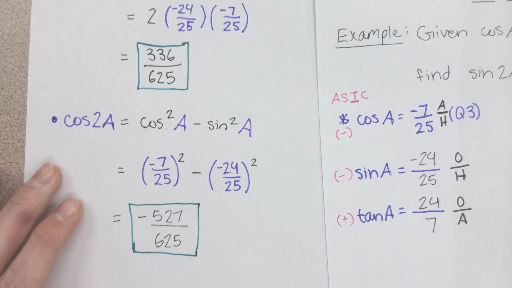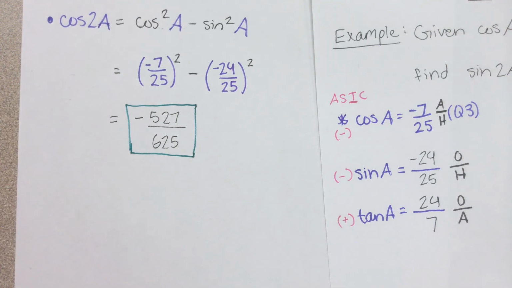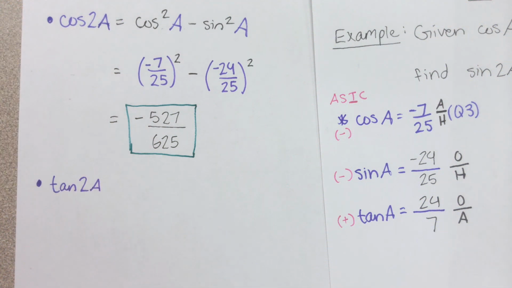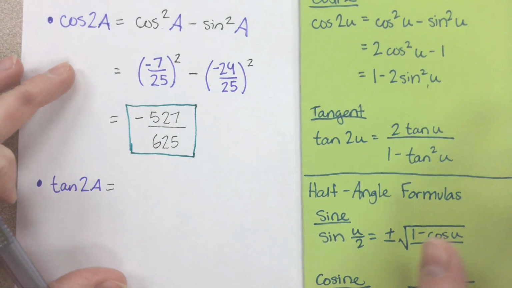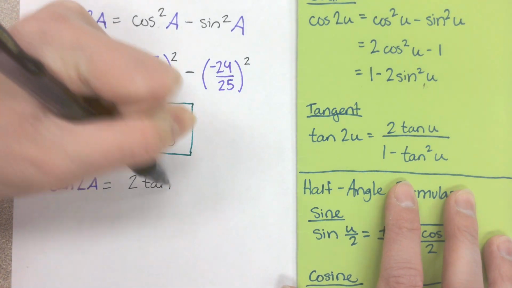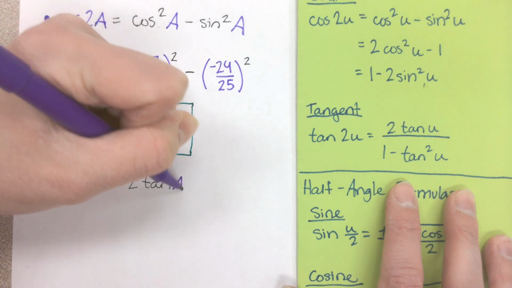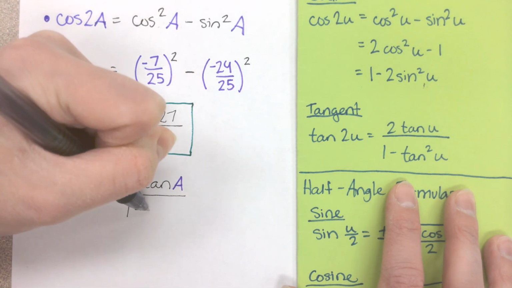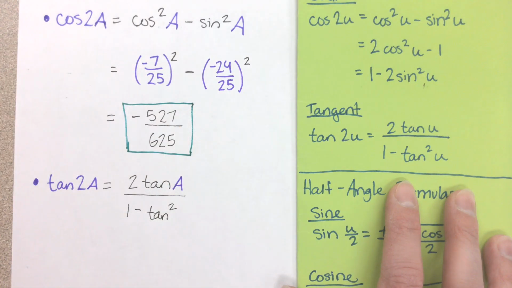Okay. Last one, tangent of 2a. And since we have nice numbers instead of what we get from the unit circle, that makes the algebra so much easier. 2 tangent of a over 1 minus tangent squared of a.